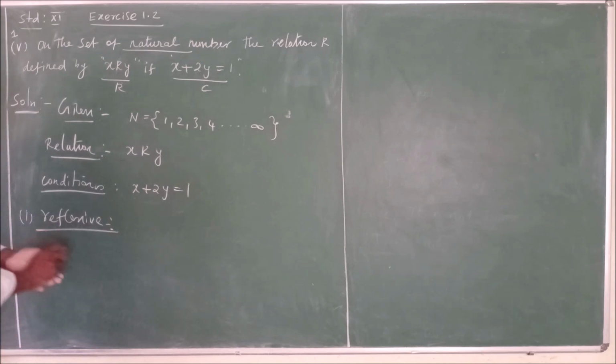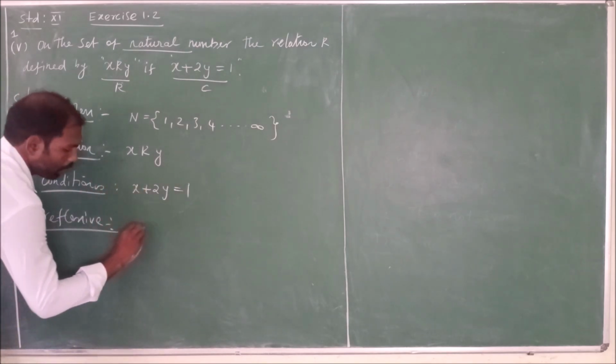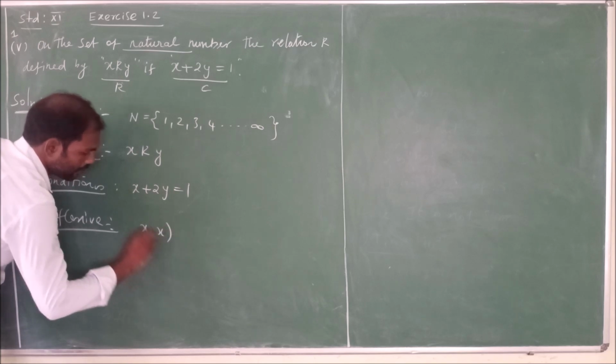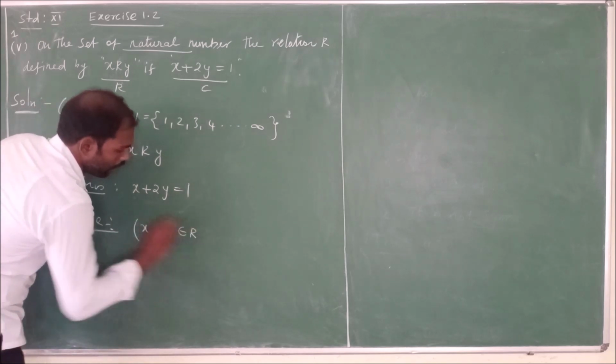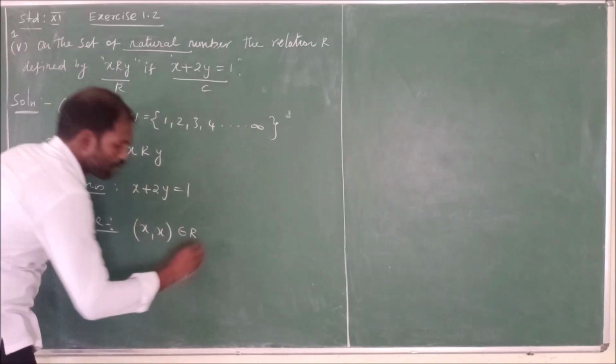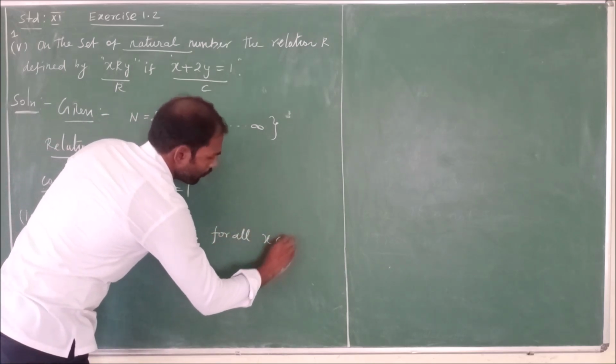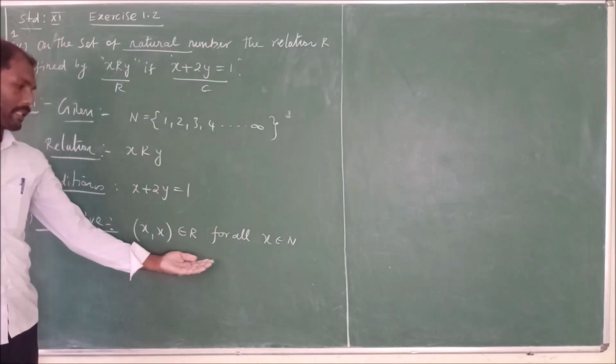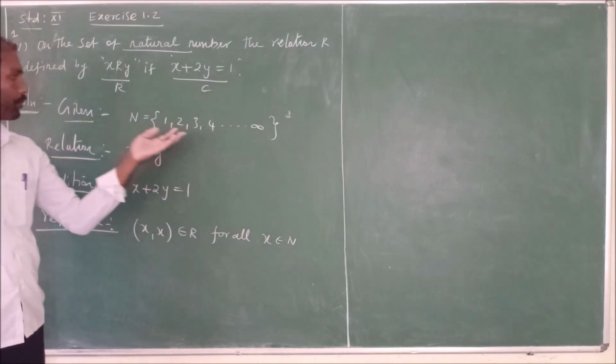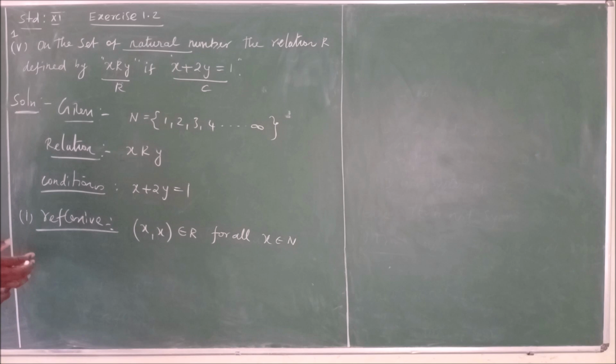The basic definition of reflexive: take any one number, x comma x belongs to R, for all x belongs to N, all natural numbers. The relation is x related to x.